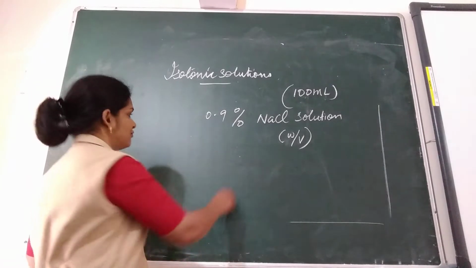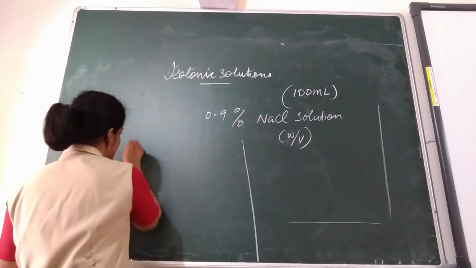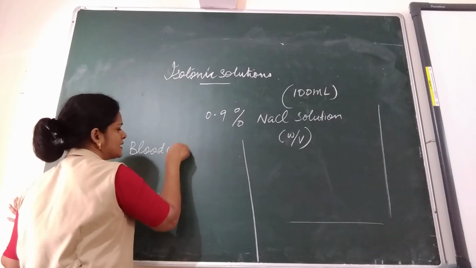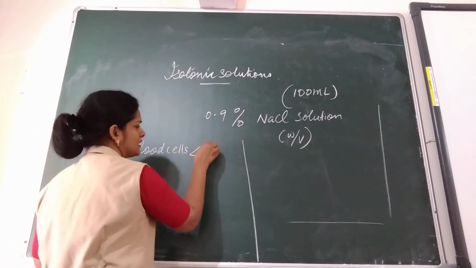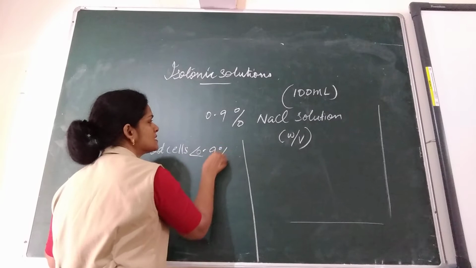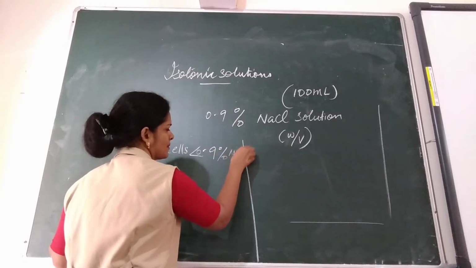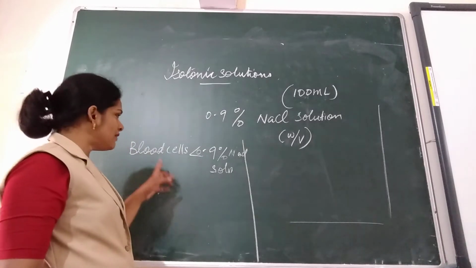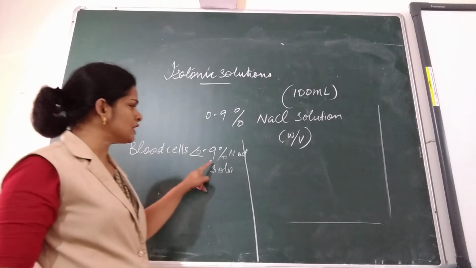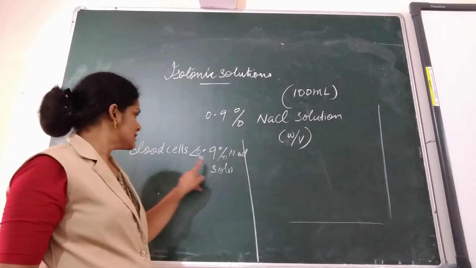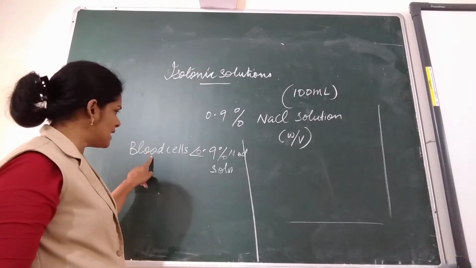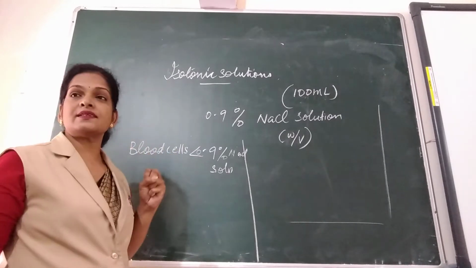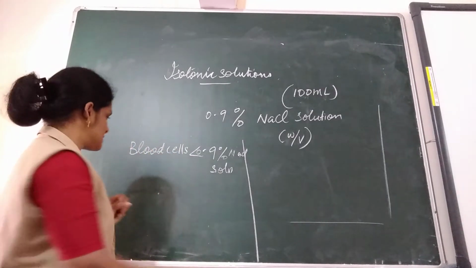But if blood cells are having lower concentration than this 0.9% NaCl solution, then what will happen? Solvent from blood cells will be moving into the solution. So these blood cells will shrink and get collapsed.